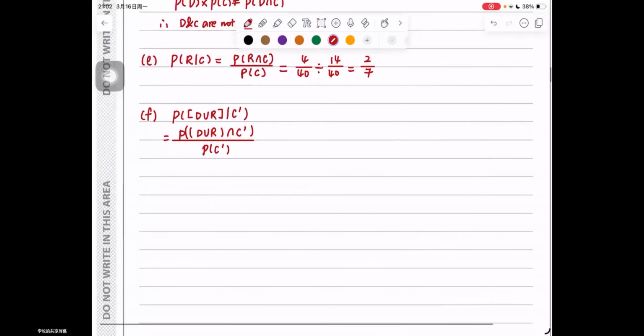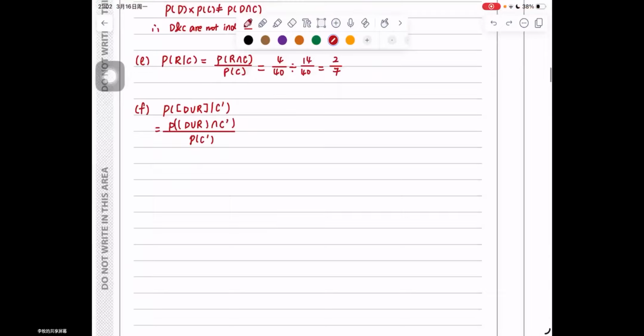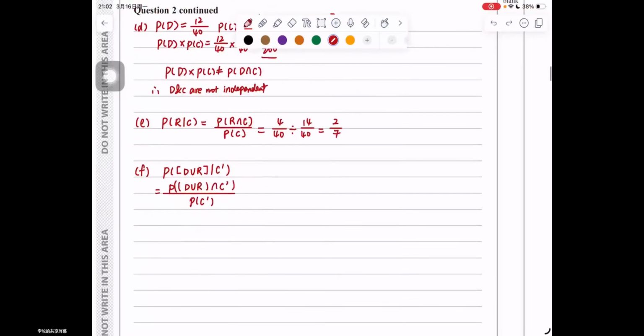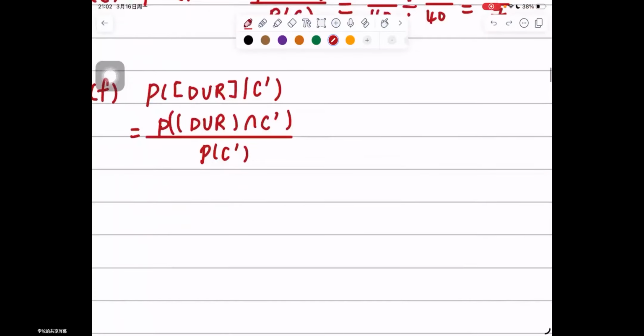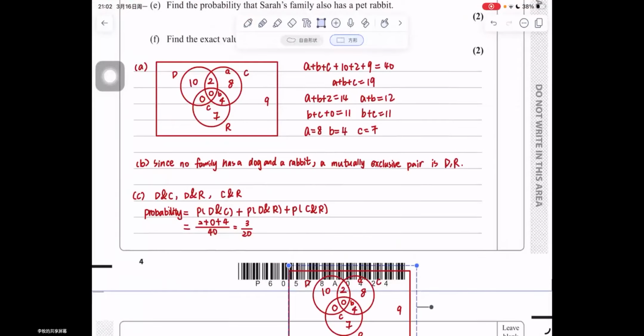And C prime, remember C prime, this one is called C complement, and it's the part excluding C, okay? To see this clearly, it's really hard to determine the number in those sets. So I'll bring down the Venn diagram here and show you more clearly what it is.